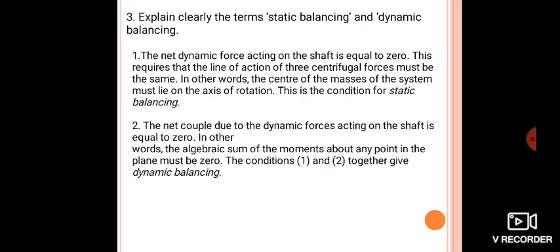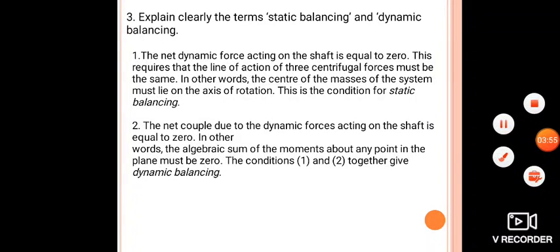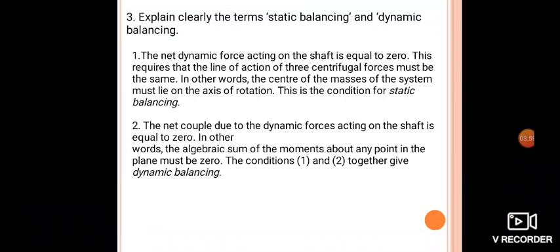Third question: explain clearly the terms static balancing and dynamic balancing. This question may be asked for 5 marks. So what are static and dynamic balancing? First, static: the net dynamic force acting on the shaft is equal to 0.